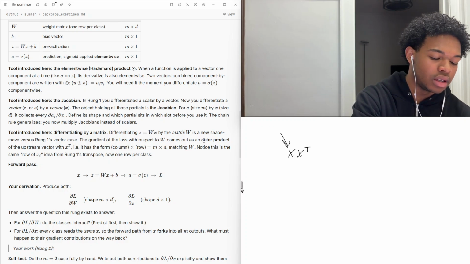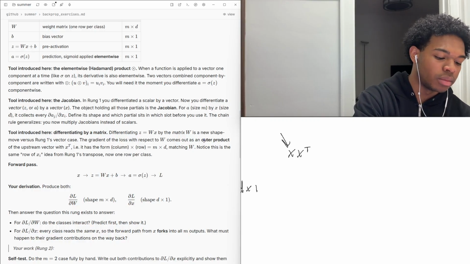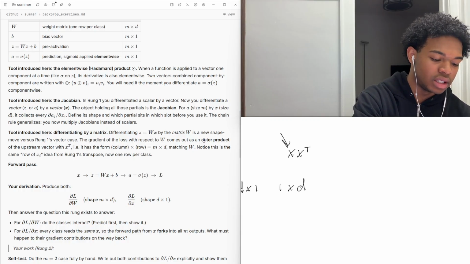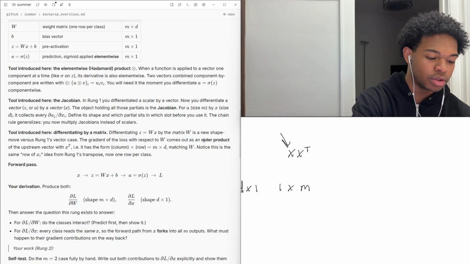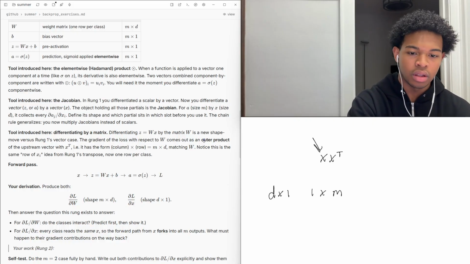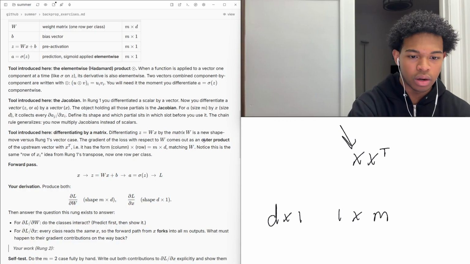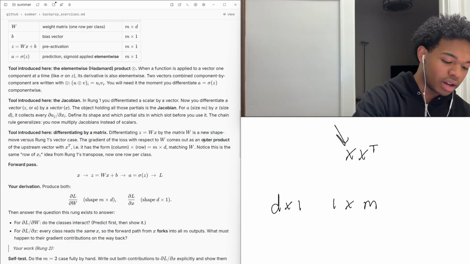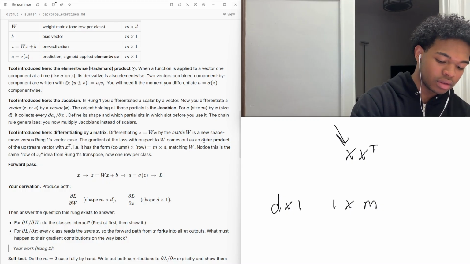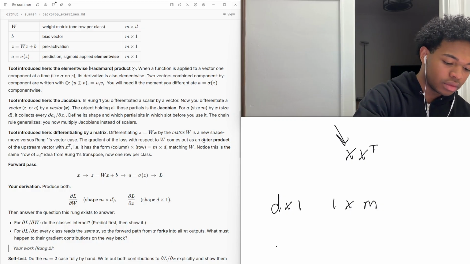You need a d by 1 times a 1 by d, or you can do by m. Sorry that we're using x in both. You need a d by 1 and a 1 by m, and that'll produce a d by m matrix.